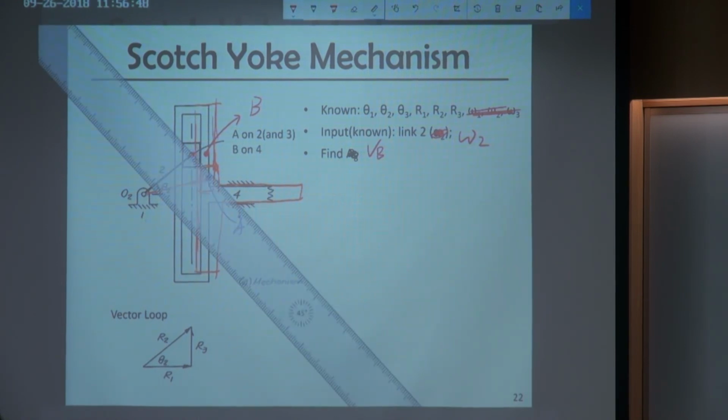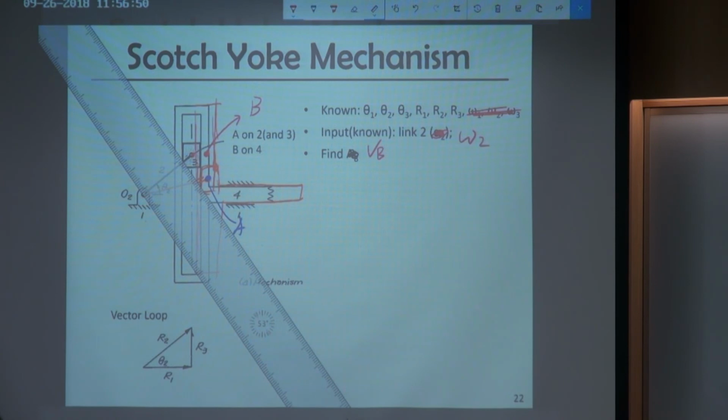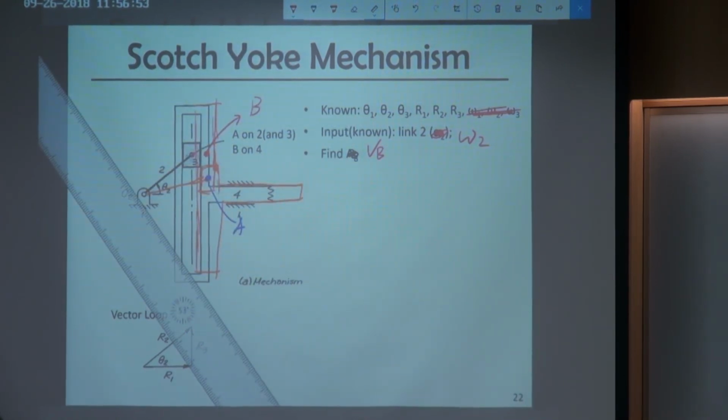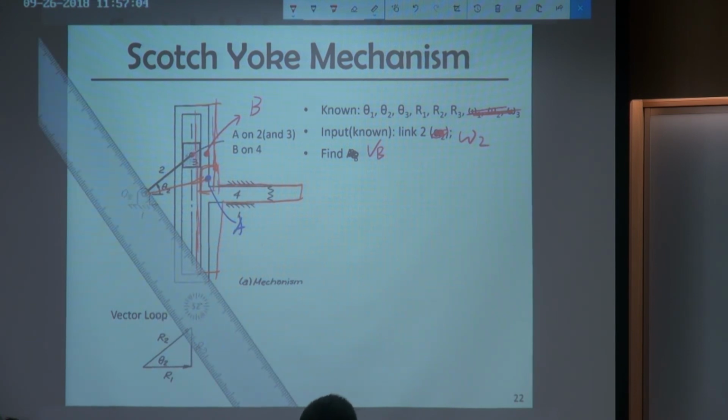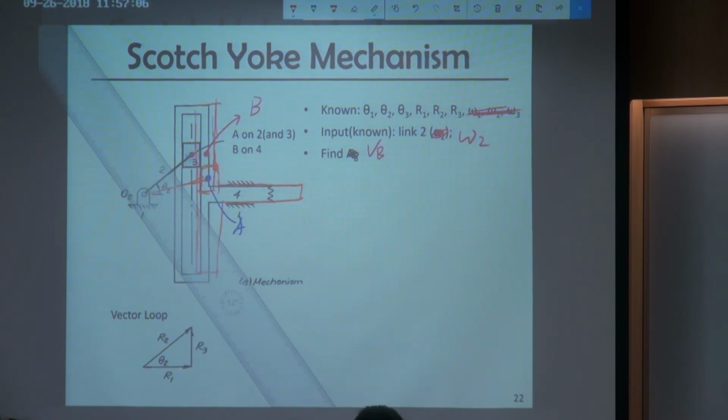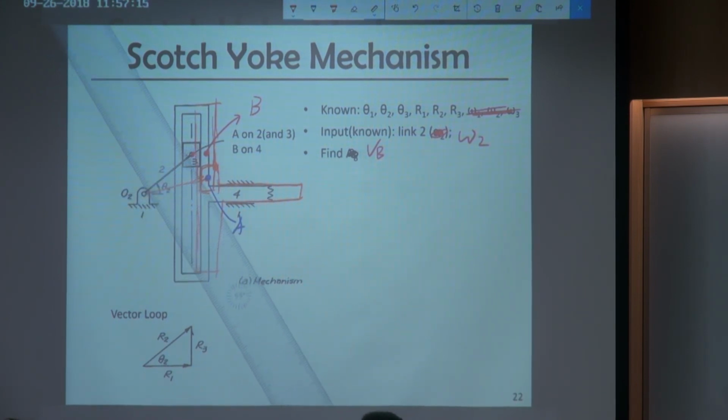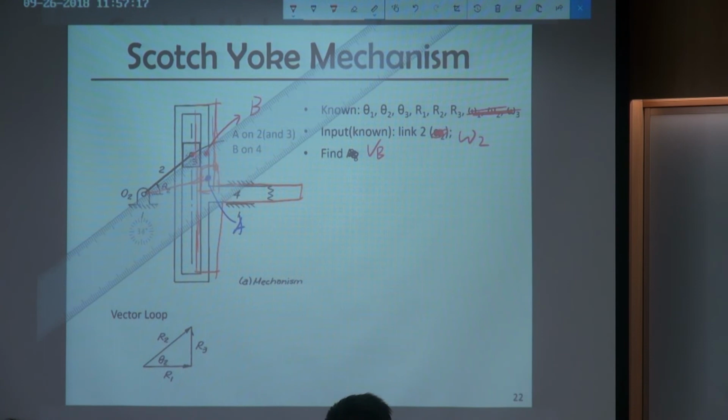Okay, so we perform the velocity analysis and try to find VB first. Currently, because we already know omega 2, we can directly get the velocity of point A. So what's the velocity of point A? The direction is perpendicular to this O2A line.